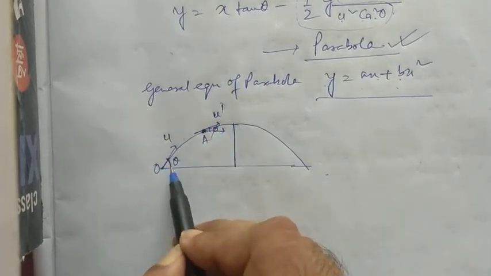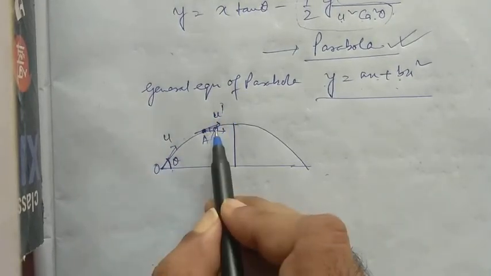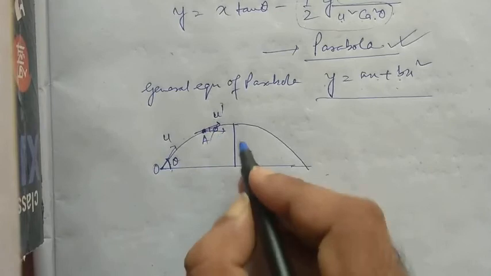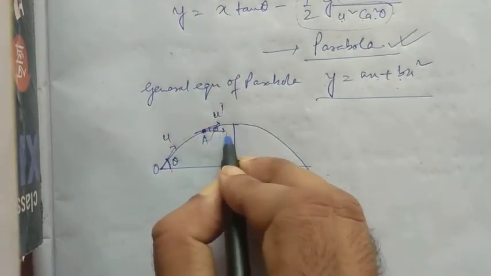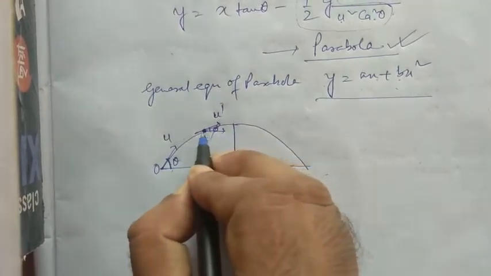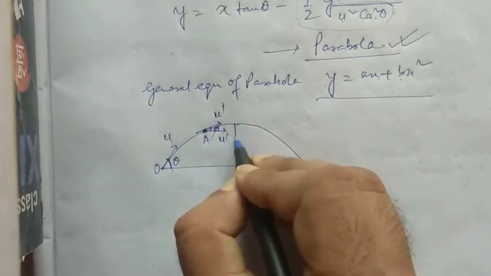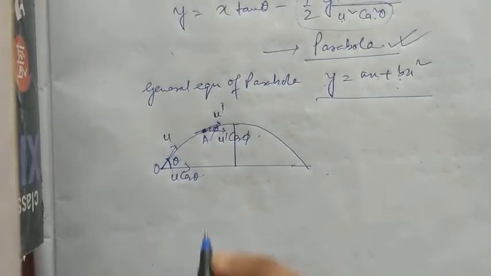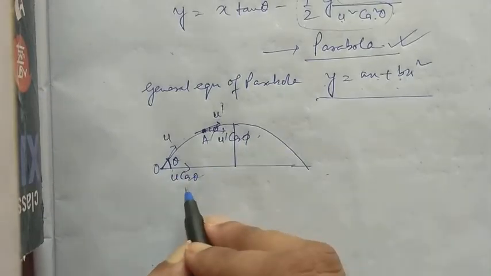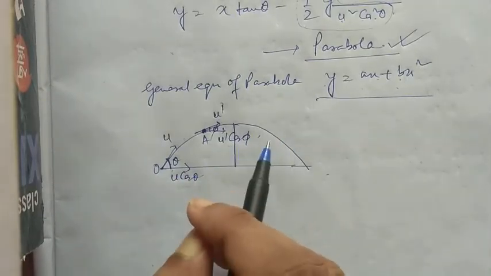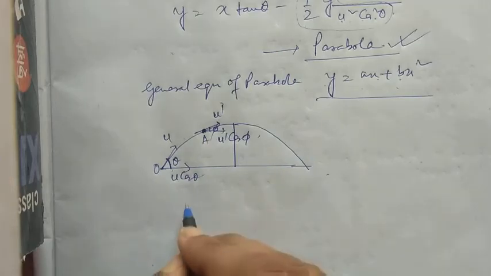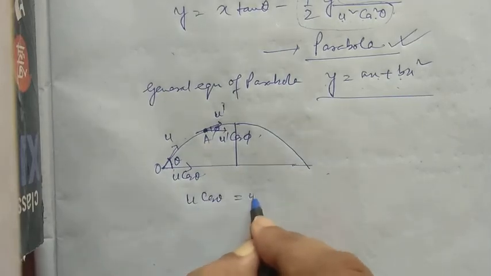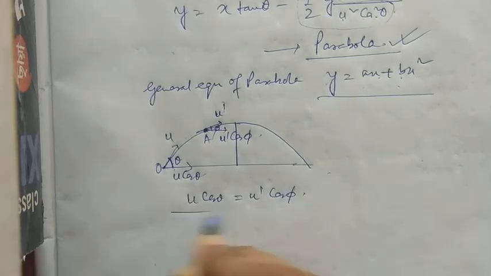The angle also changes from theta to phi, but the horizontal velocity becomes u dash cos phi, and along this direction it is u cos theta. As I have said, the horizontal velocity component will never change, so u cos theta is equal to u dash cos phi.